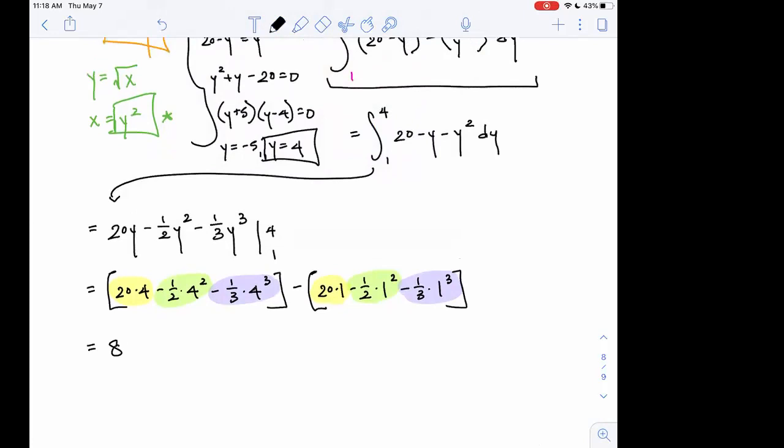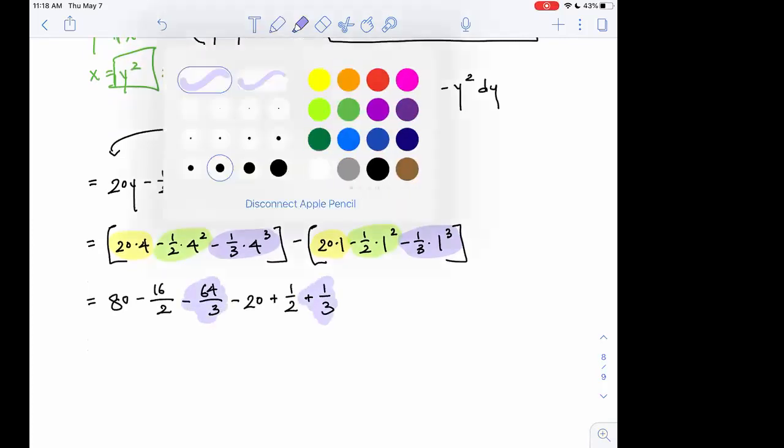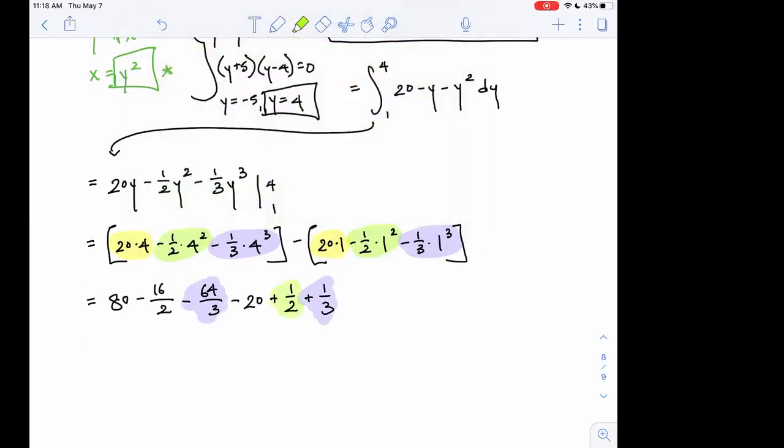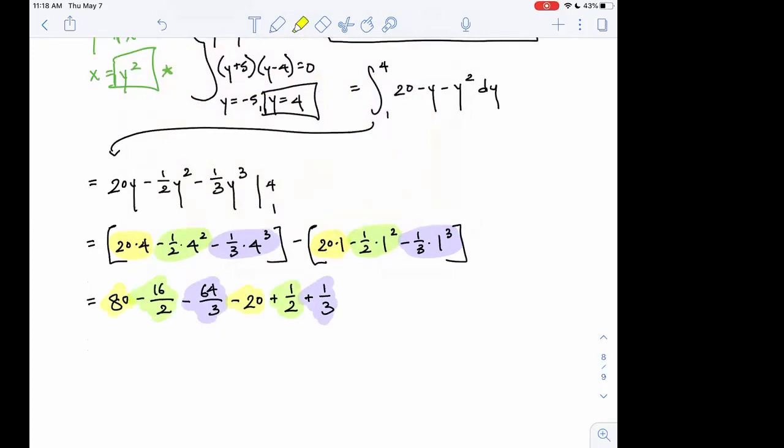So I've got 80, because 20 times 4 is 80, minus 16 over 2, minus 64 over 3, and then minus 20, plus 1/2, and then plus 1/3. And again, these two I'm going to combine first. And then this, and this, and then this, and this.